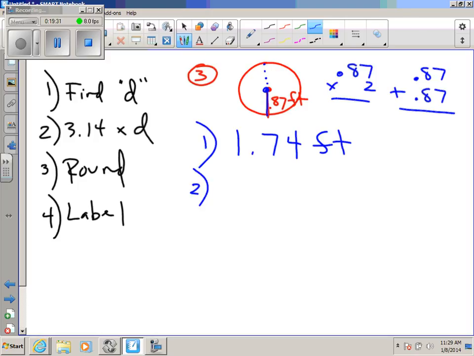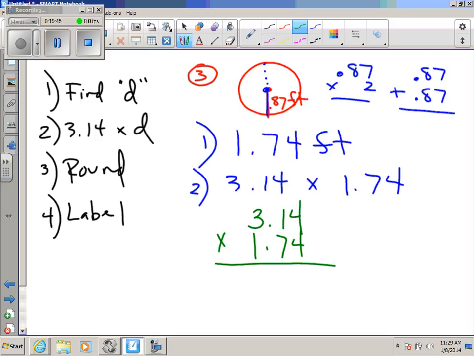Step 2. Let's take 3.14 times 1.74. So, we're going to have a doozy here, but let's stay with it. 4 and 4 is 16. 5, 12. As I move to the 7, I put a 0. 28. 9, 21.